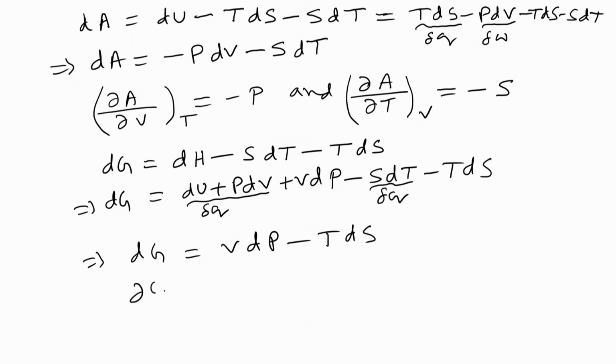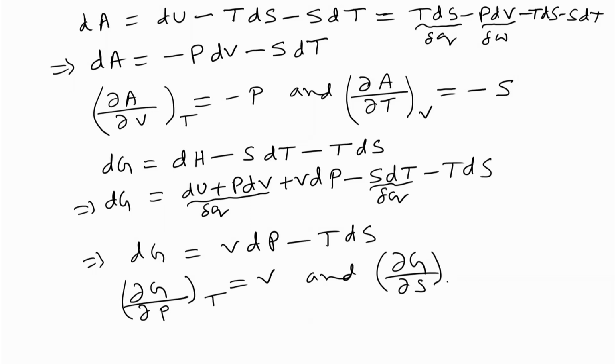So we can write del G by del P at constant temperature gives volume, and del G by del T at constant pressure is minus S. So we have obtained so far 8 important expressions.